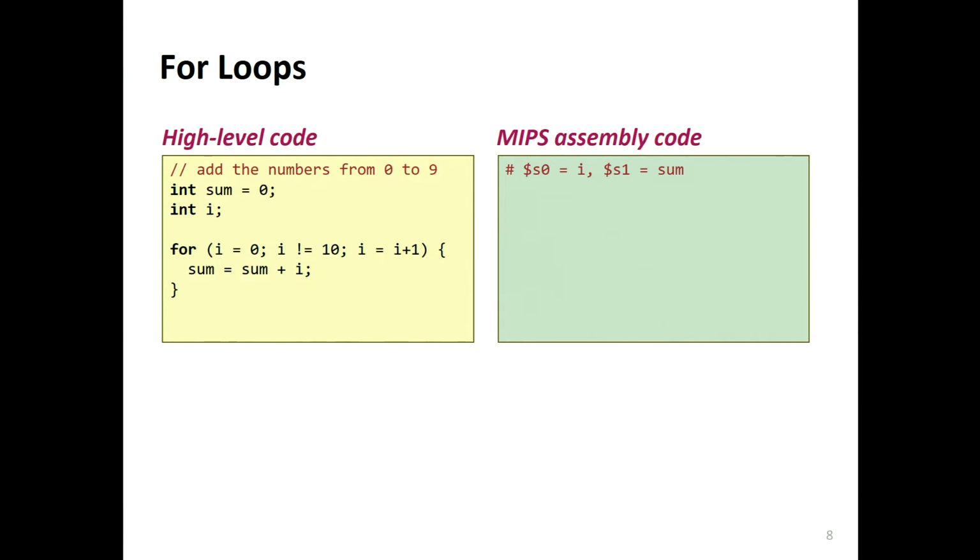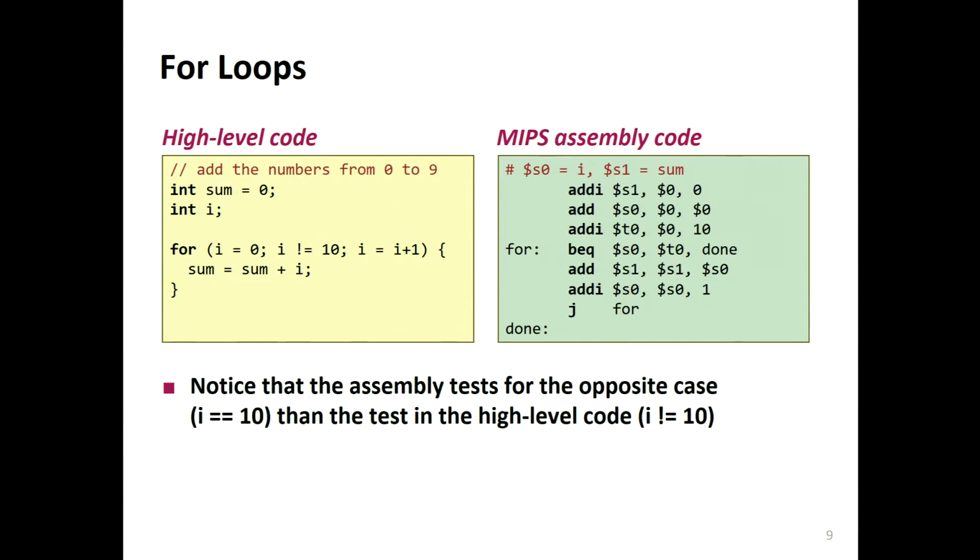When this high-level code is compiled into assembly, for example, the assembler might use register S0 to store the value i, and S1 to store the sum. First, we load S1 with 0, which is loading sum with 0.